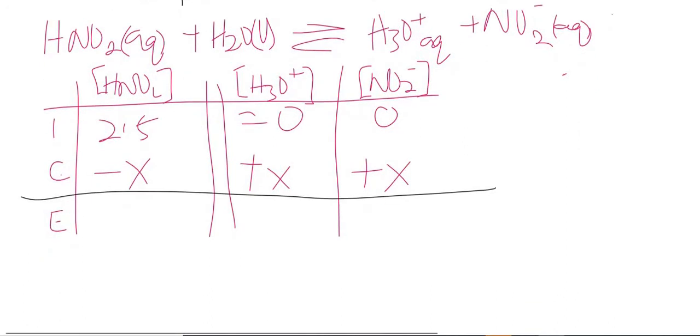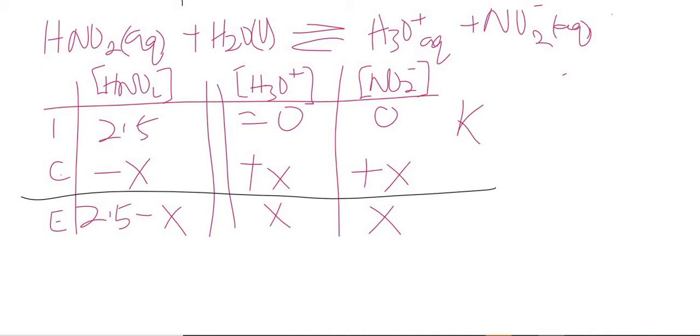So we can solve for the equilibrium concentrations: x, x, and 2.5 minus x. Again, our Ka is going to be x times x, which is our products, over 2.5 minus x.